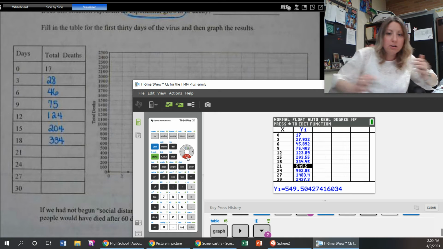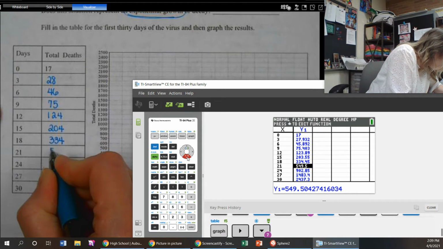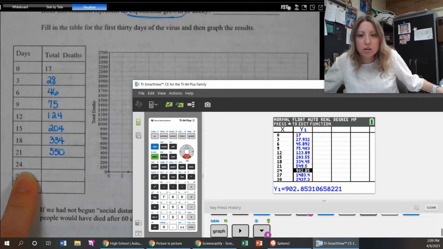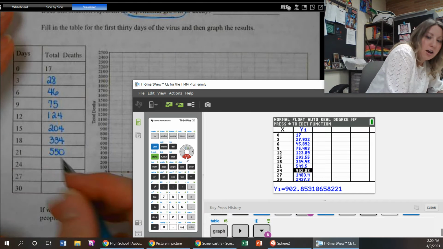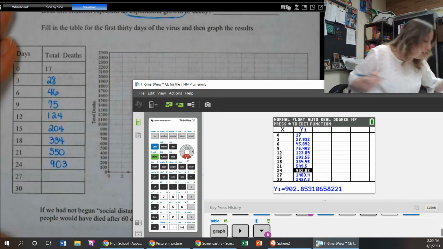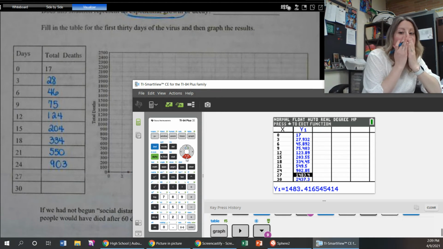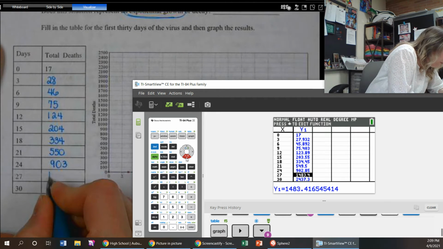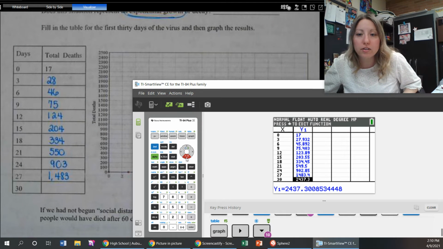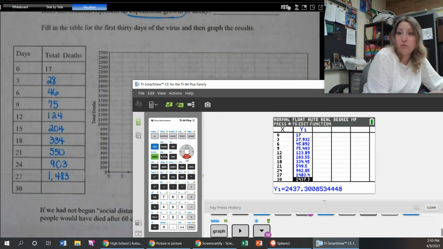Arrow down again. 550 because we got 549.5, so that's going to round up to 550. 24. 903. 902.8 rounds up to 903. 27. 1,483.4, so 1,483 it is. And the last one we're asked for in our table, 2,437.3, so 2,437.